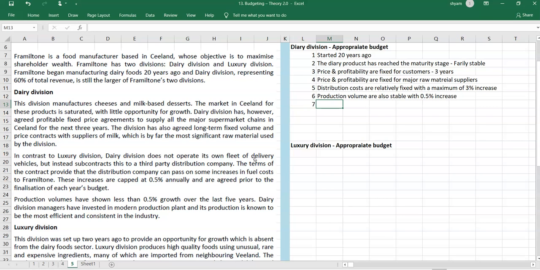So they are also very cost effective. That means costs have already been reduced to the maximum extent. So further cost reduction will have a lower impact. Okay, so that's about the points here.